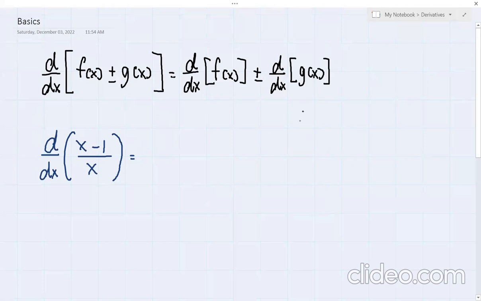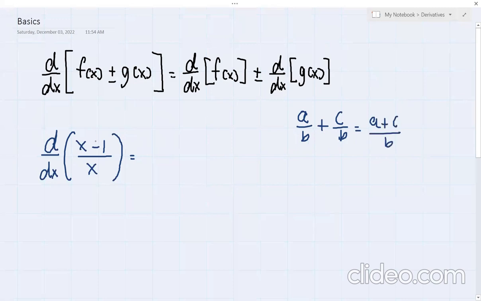So, kunwari, meron tayong a all over b plus c all over b. Okay? So, ito, kapag meron kayong dalawang fraction, tapos merong silang magkaparehas sa denominator, kung i-combine mo sila, we will have a plus c all over b.